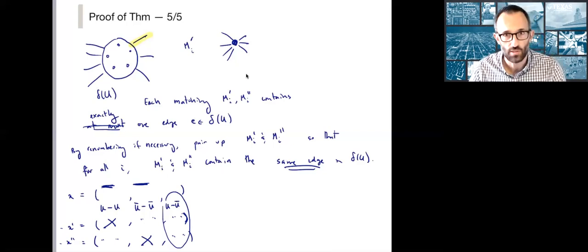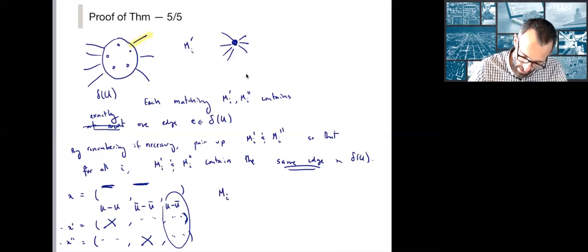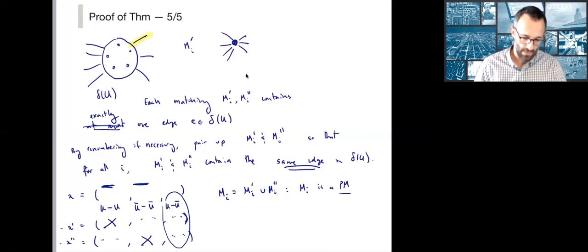And this is what this result is telling us, that we can now stitch it together in this way, and therefore I can define Mi as the union of Mi dash and Mi double dash, and the claim is that this Mi is a perfect matching. That is the whole point.